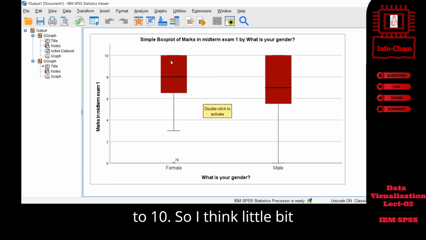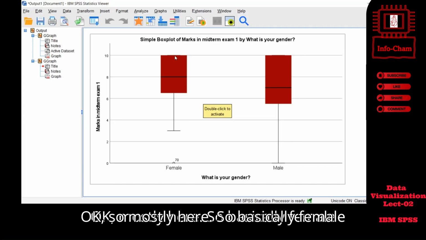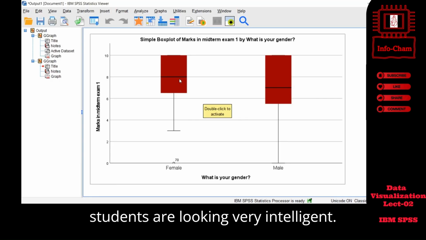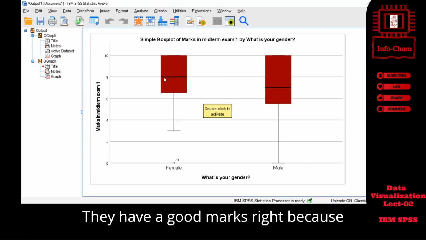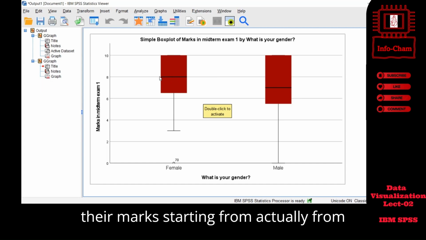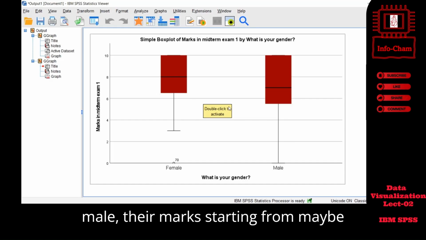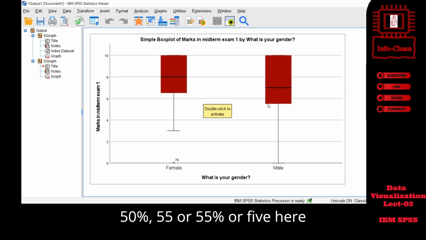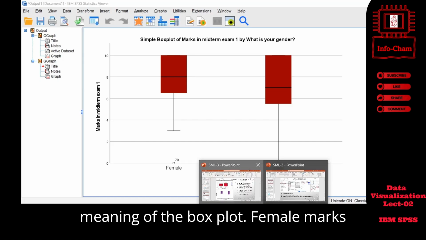Female students look very intelligent, they have good marks, because their marks start from here. For male, marks start from maybe 5 or 55%, up to here. That's the meaning of the box plot.